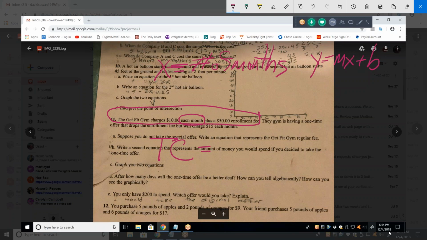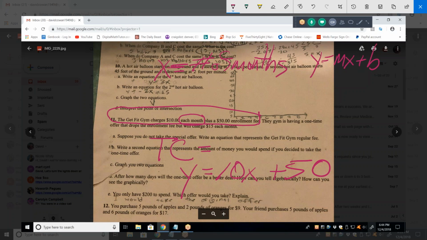They're going to charge you $10 for each month you use it, plus a $50 fee. So it equals 10x plus 50. In other words, if you use it not at all, you're still going to pay $50. If you use it 1 month, you're going to pay $60. If you use it 2 months, you're going to pay $70.